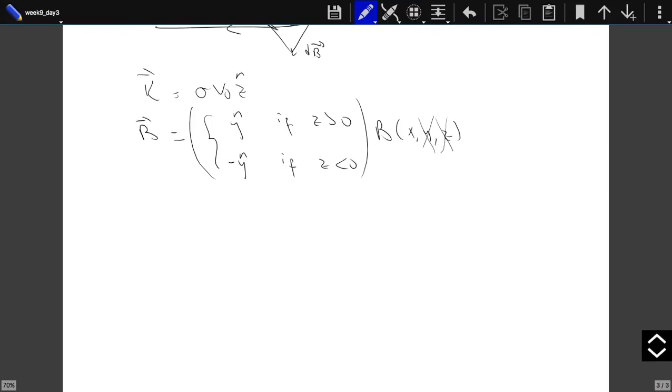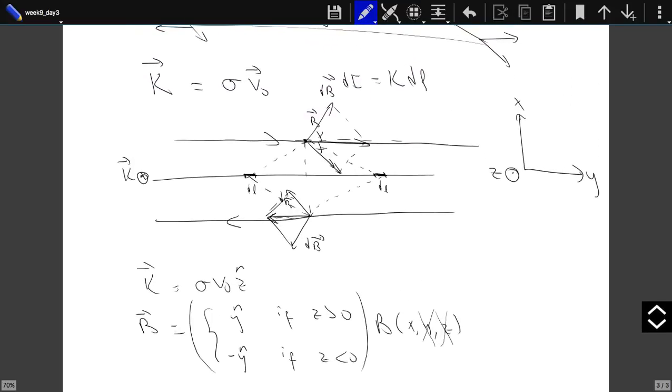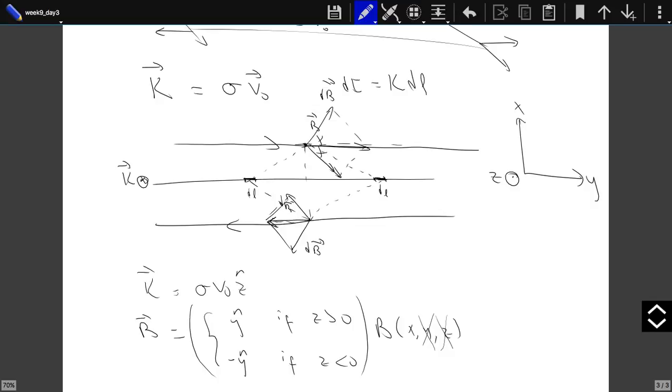Does it depend on x? I'm far away from an infinite plane. Let's see. Well, in principle it might depend on x, but we will see if it does or not. Well, we already had an example. For example, if we had an infinite charged surface, the electric field doesn't depend on the distance.